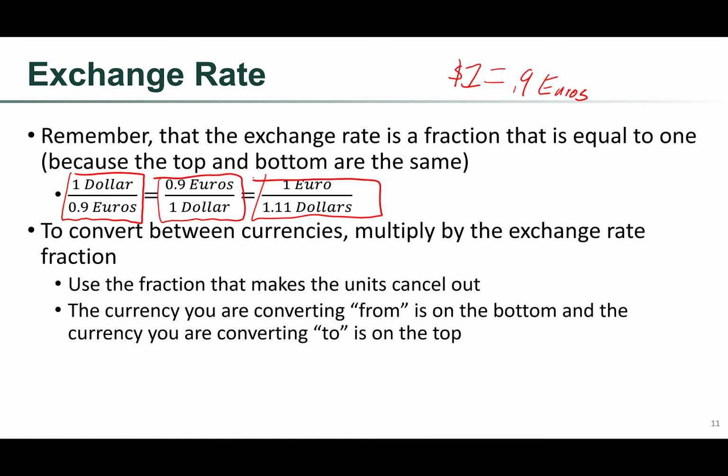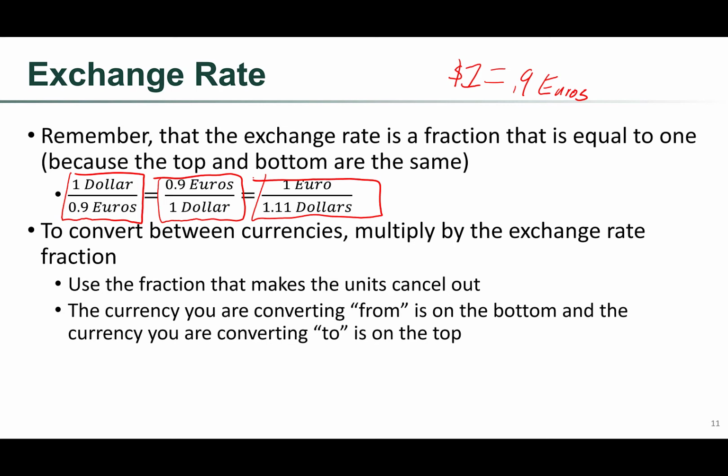So to convert between currencies, you just multiply by the exchange rate fraction because again, you're multiplying by 1, which is always allowed. You're going to use the fraction that makes the units cancel out. You might remember this from when you first learned about multiplying fractions: when the top of one fraction and the bottom of another fraction are in the same unit, those units cancel.